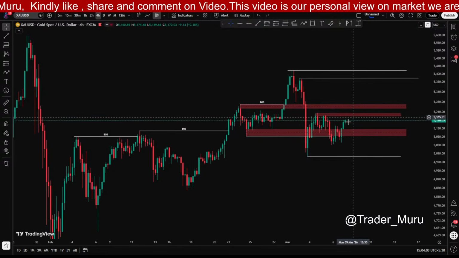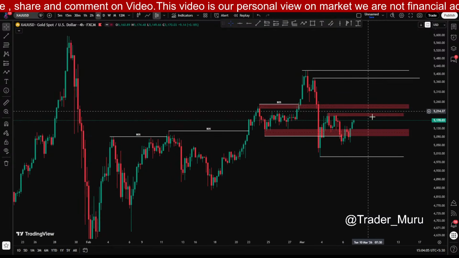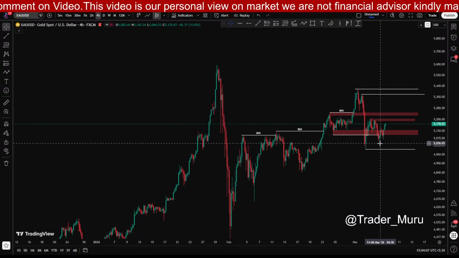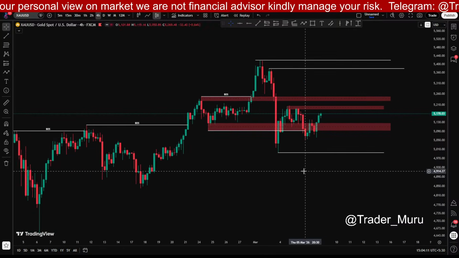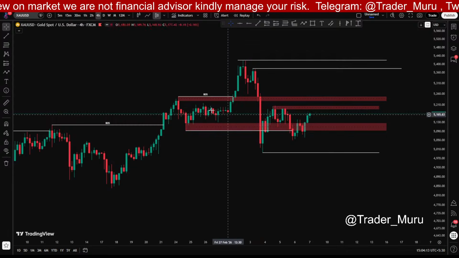So we will wait for the lower high confirmation, then we can short it till this low here. So the current structure in the 4-hour time frame is bearish.